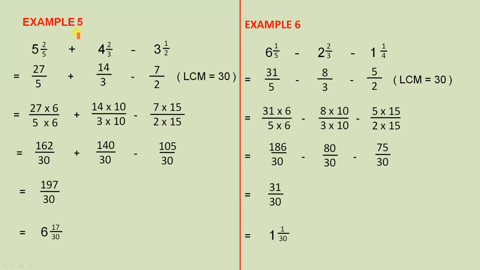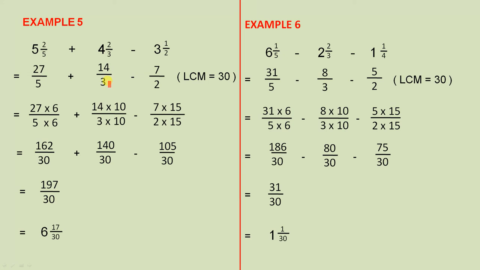Example 5: 5 2/5 plus 4 2/3 minus 3 1/2 equals 27 over 5 plus 14 over 3 minus 7 over 2. The LCM is 30. For that denominator to be 30, multiply top and bottom by 6. We've done that here, which gives us 162 over 30.